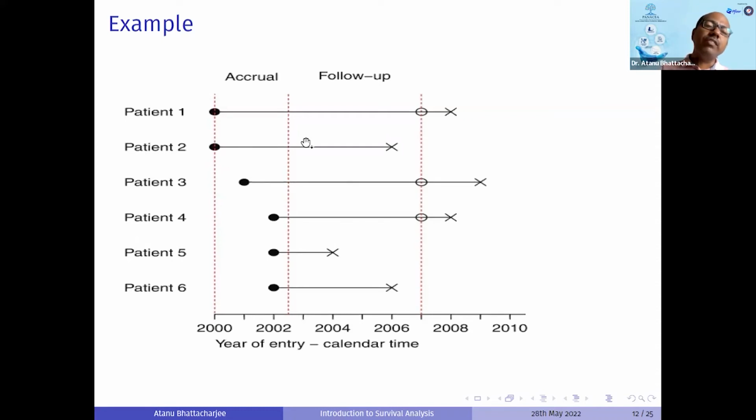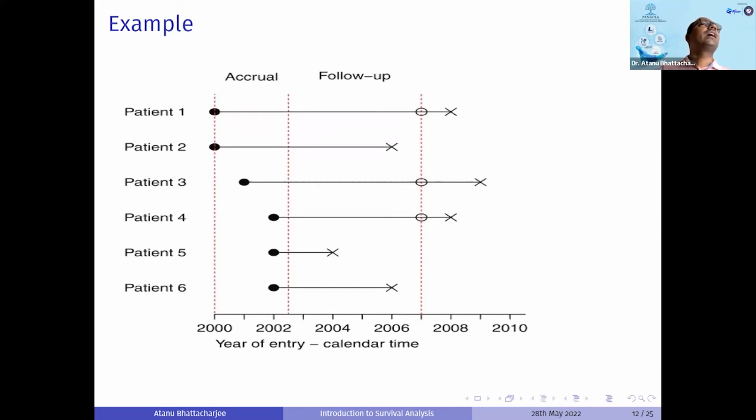Now, the second thing is that the study duration can also be split into 2 parts: one is the accrual period and the other is the follow-up period. What happens is that when you start a survival study or any oncology study, you might plan only 2 years as a thesis work, let's say a 2-year study.